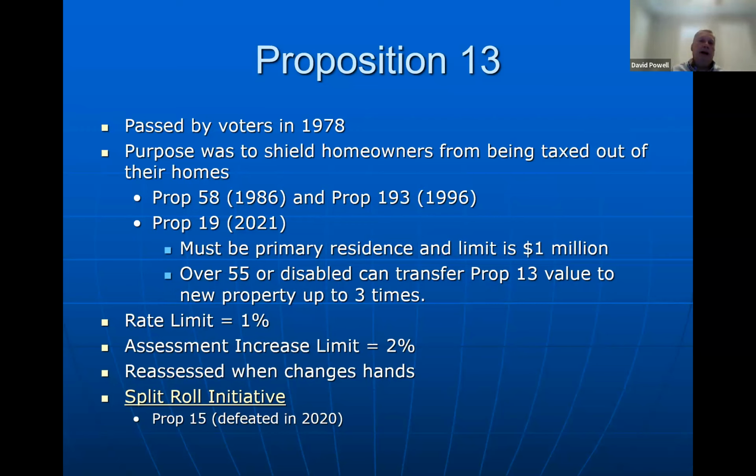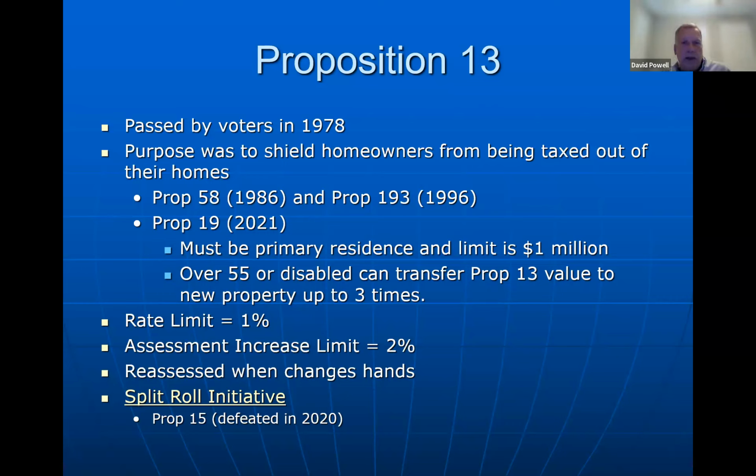And then we also put a value on the home that was changing hands between parent and child or between grandparent and grandchild, and we limited that to $1 million in valuation. So it had to be the primary residence with a valuation of less than $1 million to then qualify for these exemptions that came in Prop 58 and Prop 193.